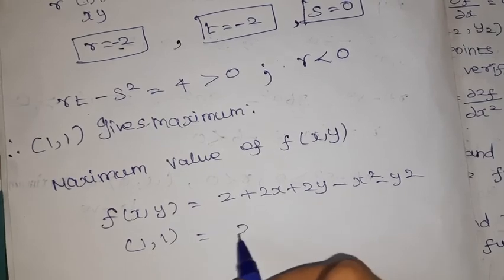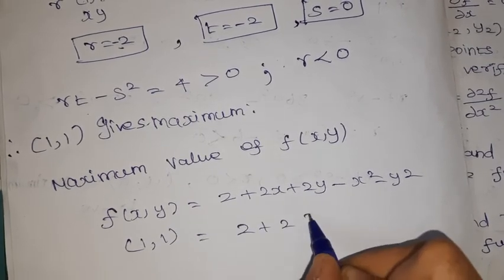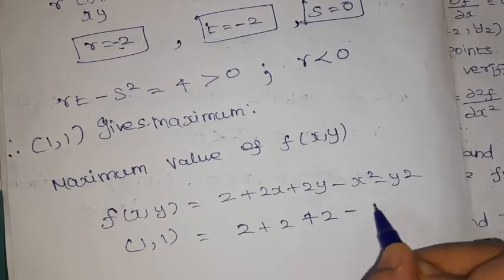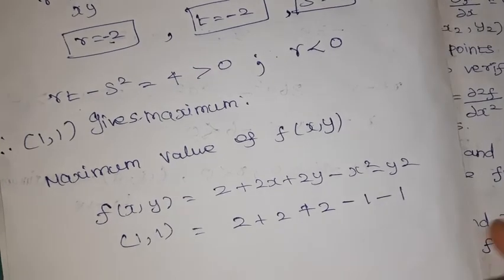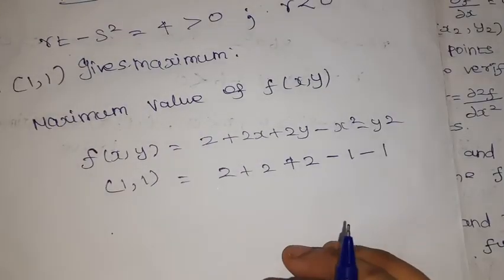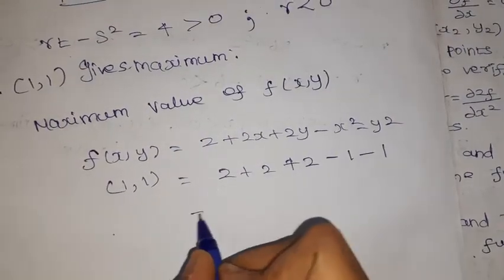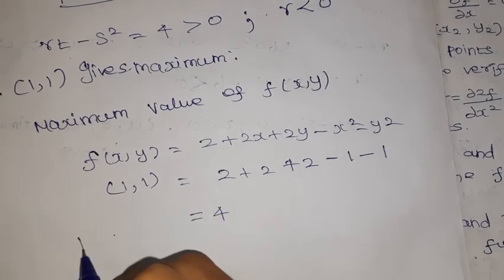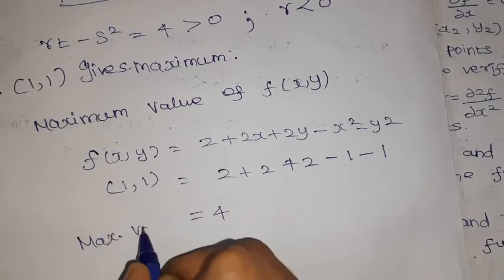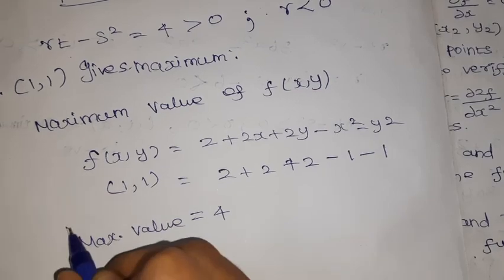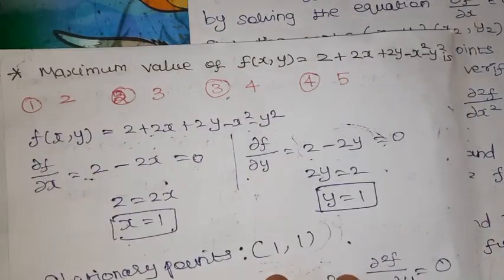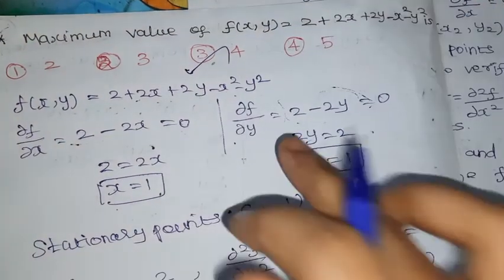So, substitute: 2 into 1 is 2, 2 into 1 is 2, again minus 1 minus 1. So 6 minus 2, what we will get? 4. So, the maximum value is equal to 4 for this problem. So, option 3, 4, is the right answer for this problem.